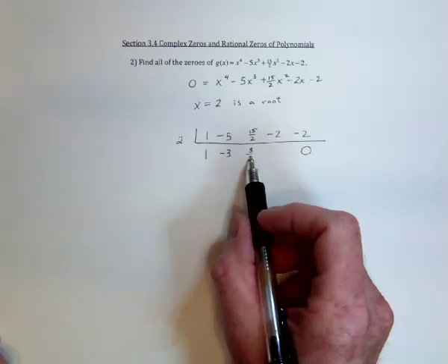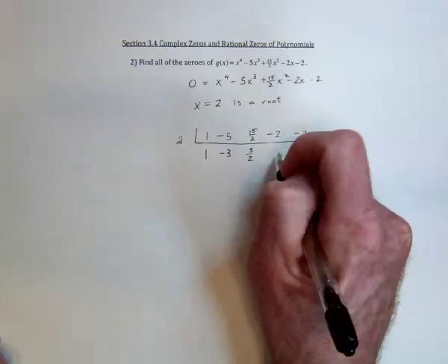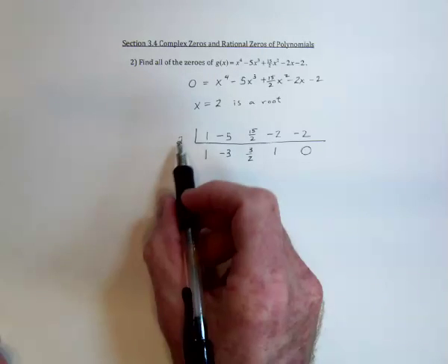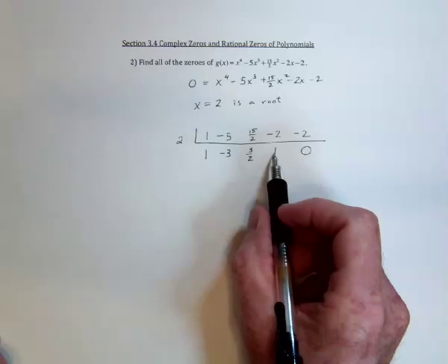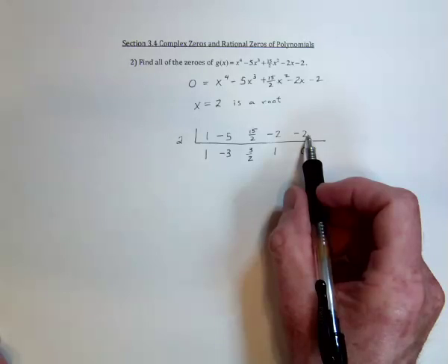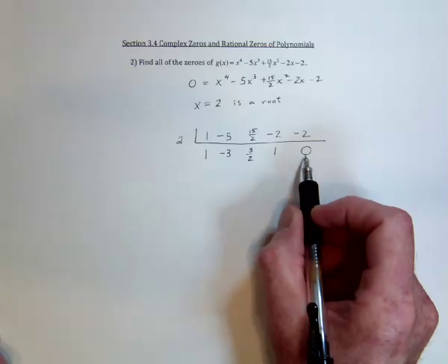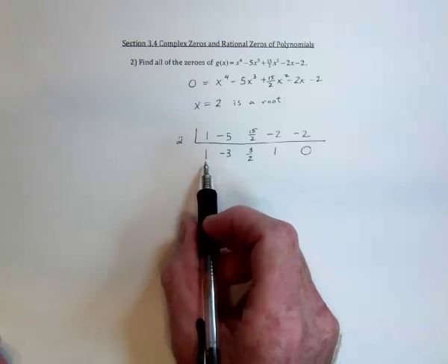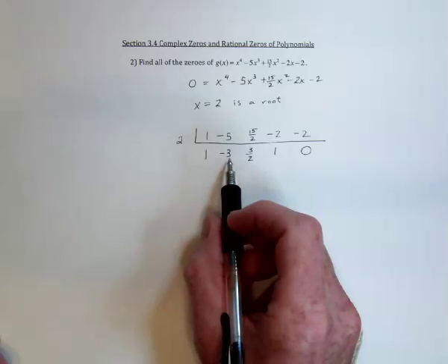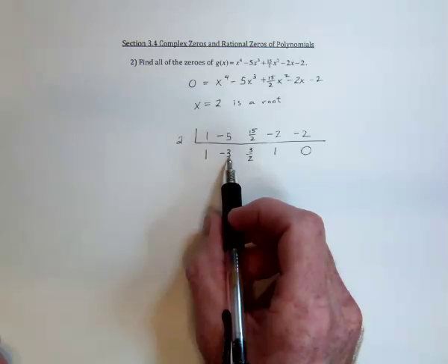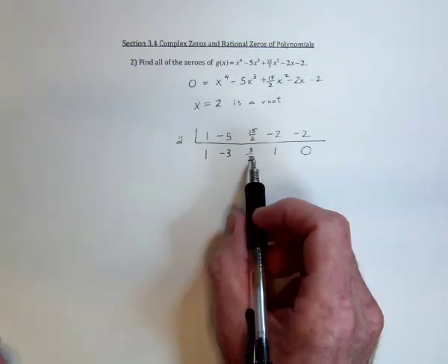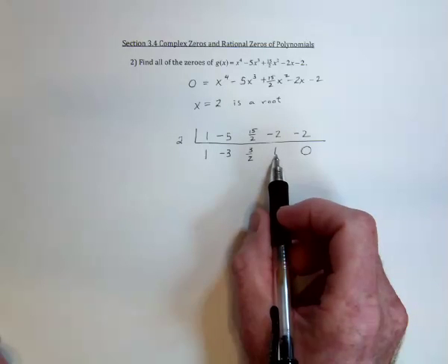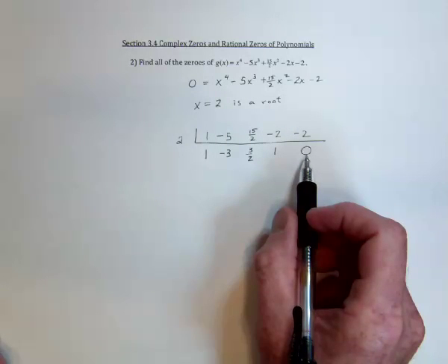Take that positive 3 and subtract 2 is a 1, and then 2 multiplied with this and added to the negative 2, sure enough, gives us 0. Now this is going to be a polynomial function x cubed, negative x squared, an x term, a constant, and a remainder of 0.